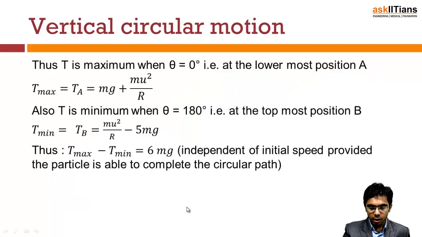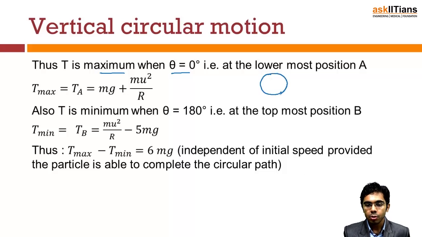Therefore, the tension will be maximum when theta equals 0, that means at the lowermost point. If this is the figure, tension will be maximum when the string is over here at position A, at the lowermost point. So after substituting theta equal to 0, what are we going to get?